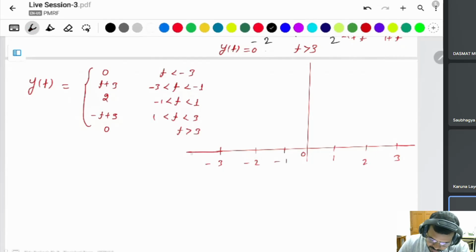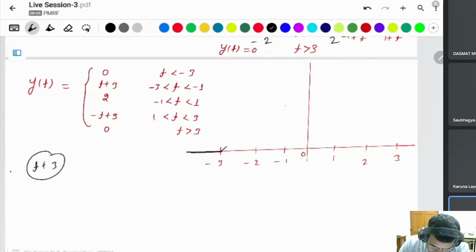The system is 0 before minus 3. Then if greater than minus 3, this will be t plus 3. It means there is a ramp signal. A ramp started from minus 3, then till minus 1, it is t plus 3.